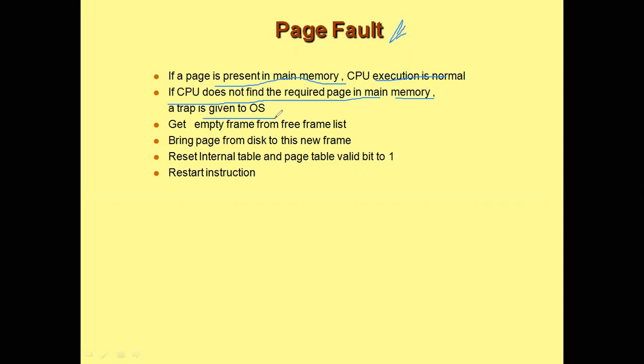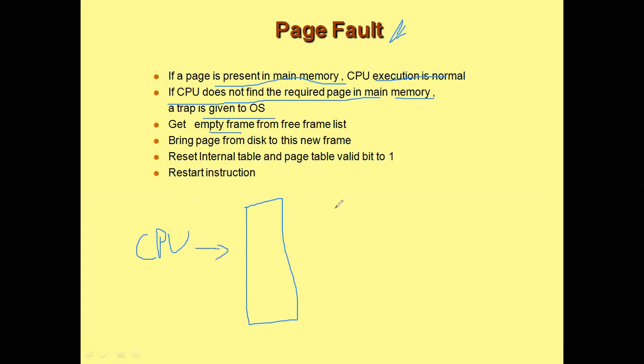A trap is given to the OS. That is, a message is given to the OS by the CPU saying that it is not finding the particular page. So a trap is given to the OS, and then we get an empty frame. When the CPU does not find a particular page and wants it, it will issue a trap.